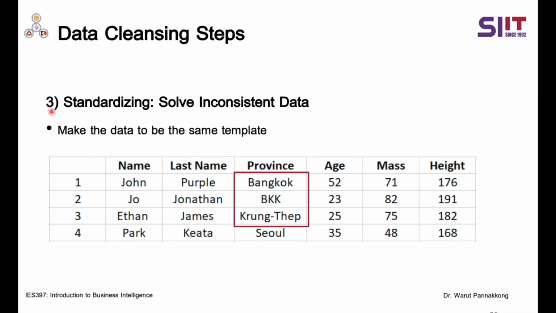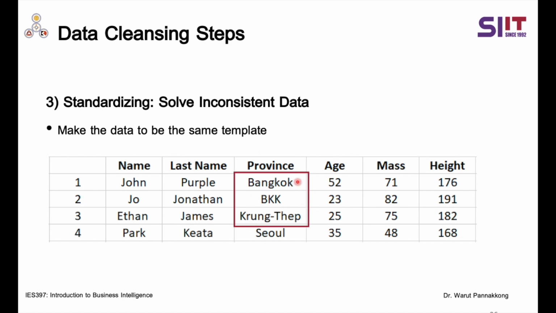The next step is standardizing, solving inconsistent data. So let's see, we have three things of the same name: Bangkok, BKK, Krungthep. If we don't fix this, the system will separate these into different categories, and it's going to be misleading.